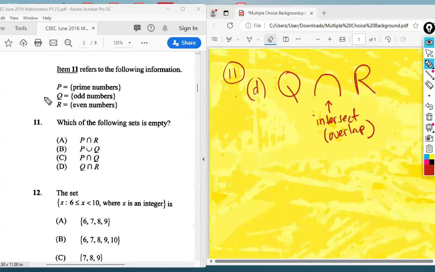In other words, if Q represents odd numbers and R represents even numbers, Q intersect R means that there is a possibility that a number can be even and odd at the same time. Can you think of any number in the world that is even and odd at the same time? Any particular number? We're talking about whole numbers, obviously.